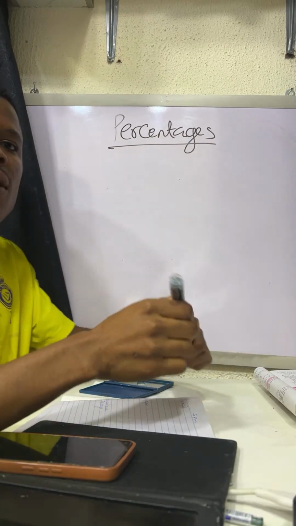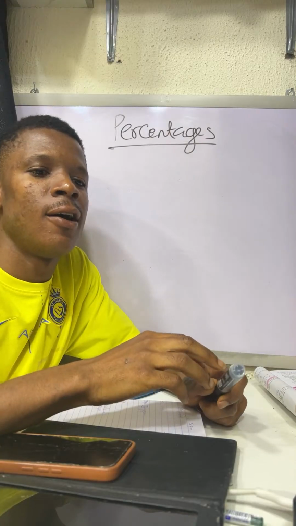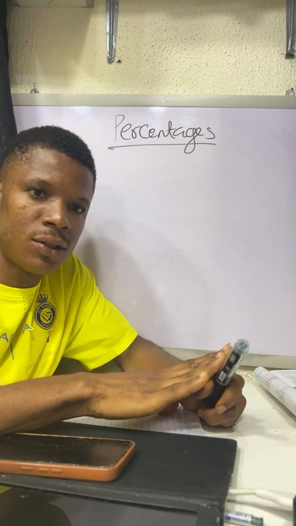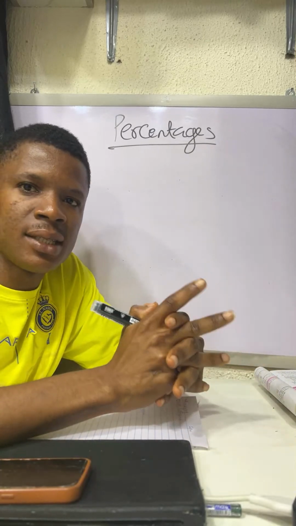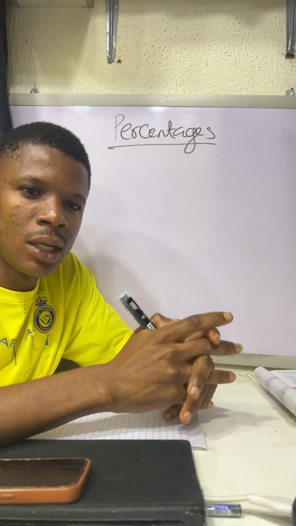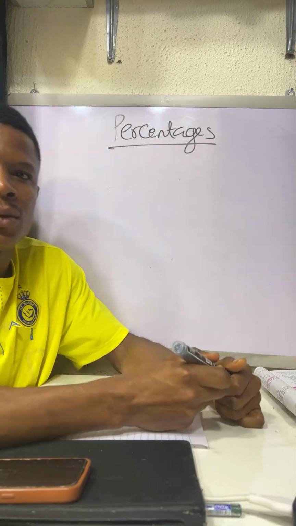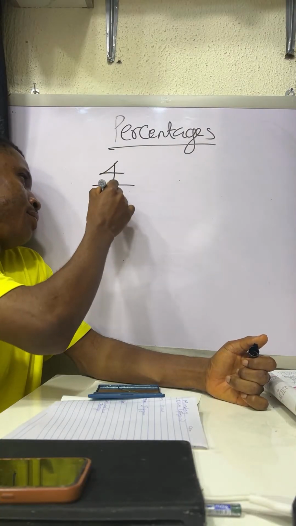First of all, we are going to look at how to convert fractions to percentage. It is very, very simple. Let's say, for instance, you have 4 over 5.